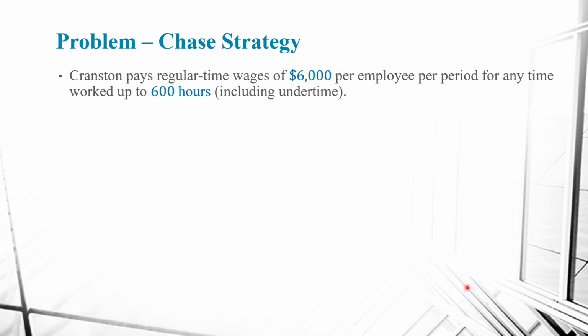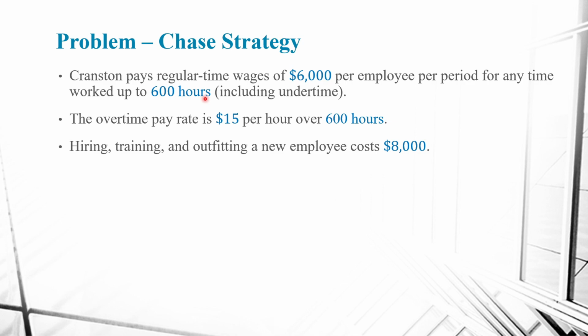The company pays regular time wages of $6,000 per employee per period for any time worked up to 600 hours. That includes undertime. The overtime pay rate is $15 per hour over 600 hours. Hiring, training, and outfitting a new employee costs $8,000. Layoff costs are $2,000 per employee.